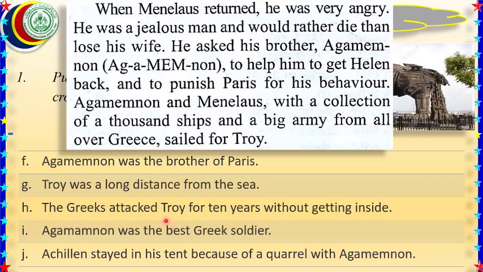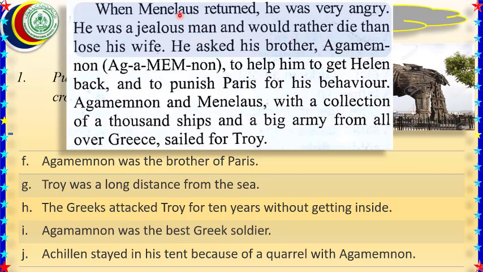In part F, it is written Agamemnon was the brother of Paris. Was he the brother of Paris? When Menelaus returned, he was very angry. He was a jealous man. He asked his brother Agamemnon. Yes, Agamemnon was the brother of King Menelaus.